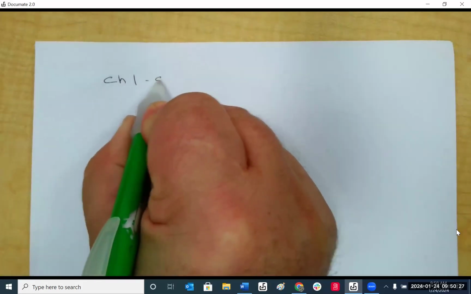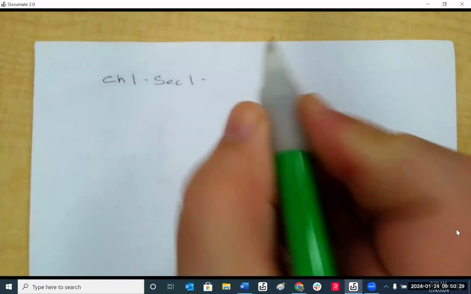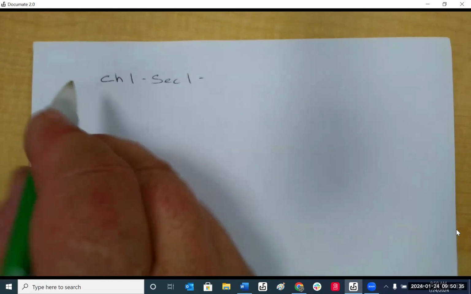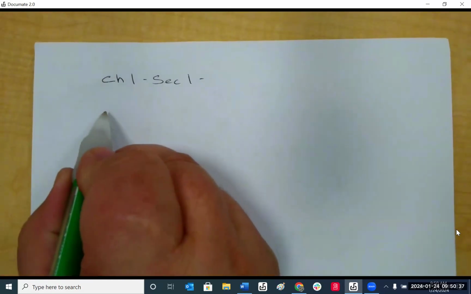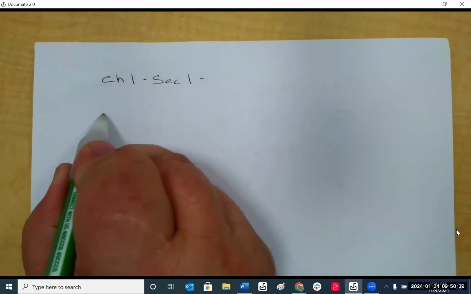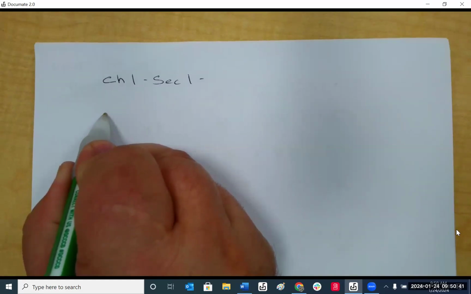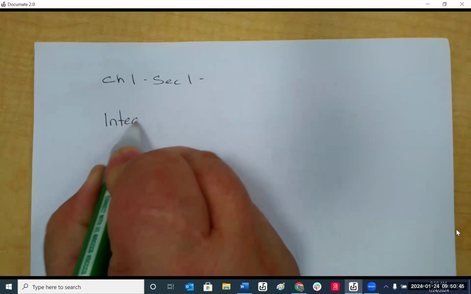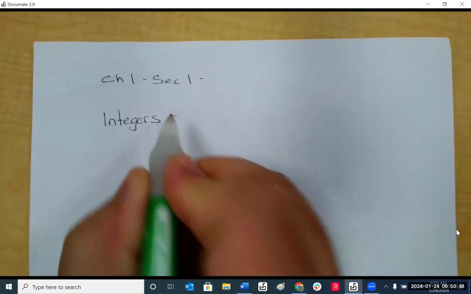Chapter 1, Section 1. What are integers?